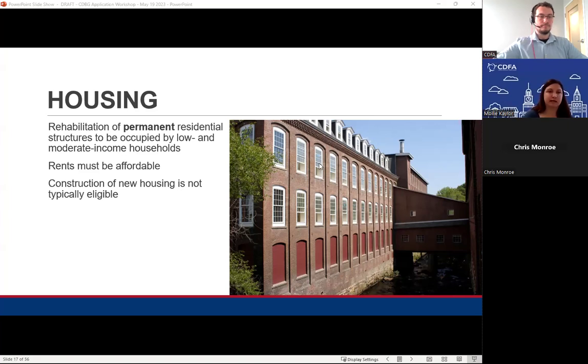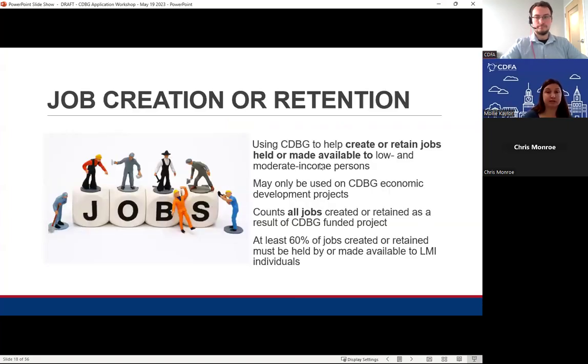The next slide just talks about job creation or retention, which is another way to meet the LMI definition. This is for economic development, only for the economic development program.